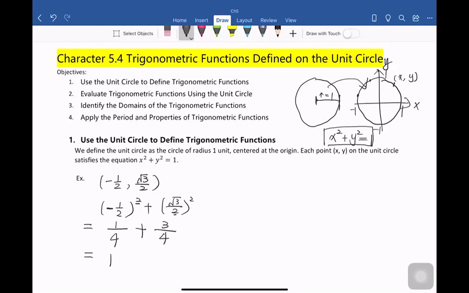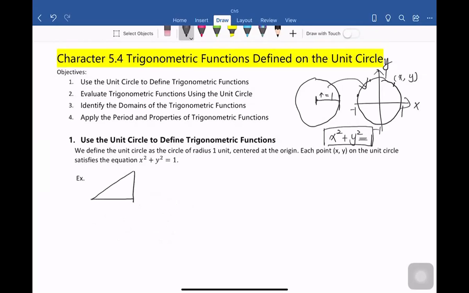So this point is on the unit circle. What's the relationship between trig and the unit circle? Let's clean up this space. If I have a right triangle with sides A, B, C, where this leg is A, this one is B, this angle is theta, and C is the hypotenuse. Let C equal 1, and I place this right triangle on the unit circle.